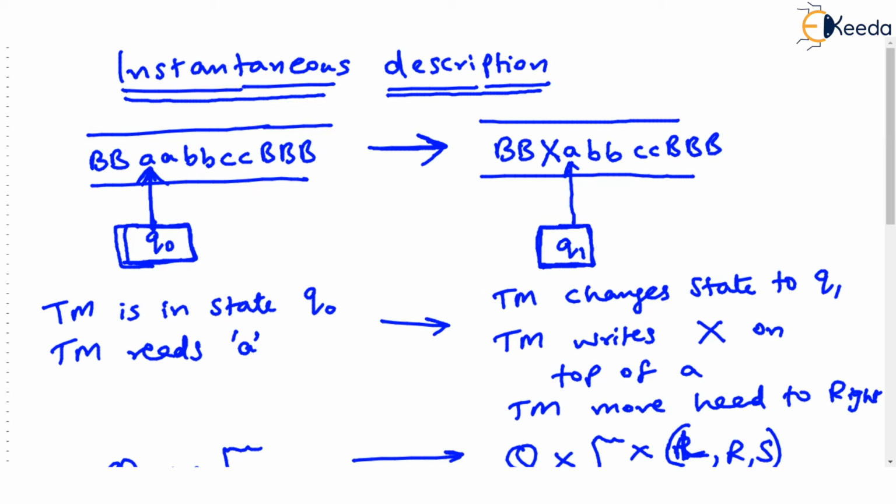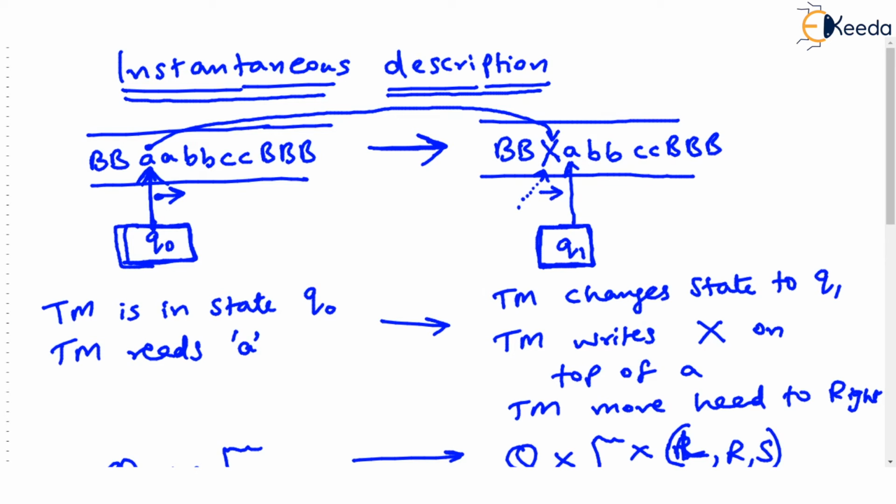And it has decided that this symbol A which it read should be overwritten as X. And it has also decided that this head should be moved one place to the right. So you can see that the head was actually at this particular symbol, which has been overwritten from A to X, and that head has moved one place to the right.